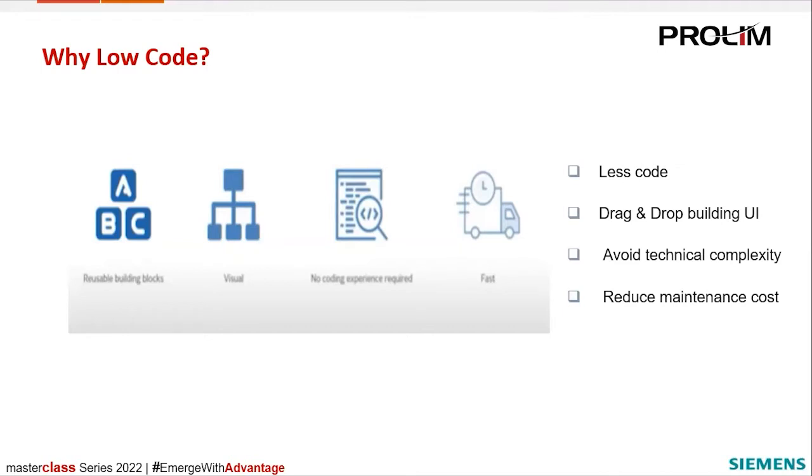So Mendix has its own cloud, and low code follows the same type of evolution, the same type of cloud development. We just have to write applications without coding, or with some amount of code, and of course we are going to get the same result that coding does.